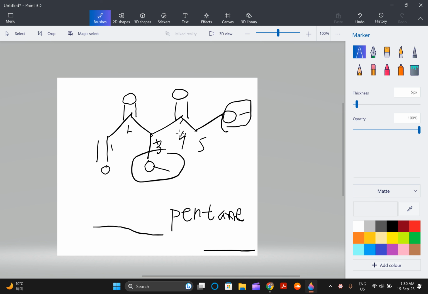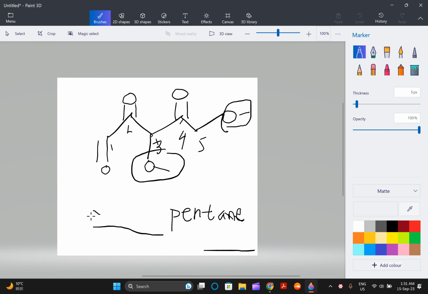And the reason why we have di is because the prefix itself means 2. So in this case, we have 2 methyl oxy. Methyl means it only has one bond right here. This is why we call it methyl. Oxy is because we have the O, which is the oxygen. So this is how we name this thing.